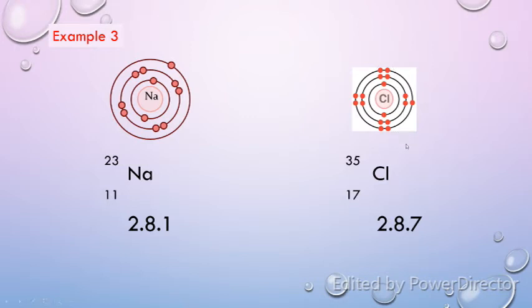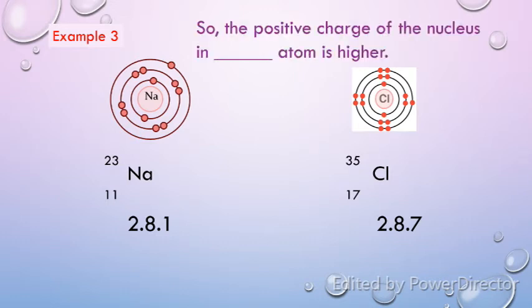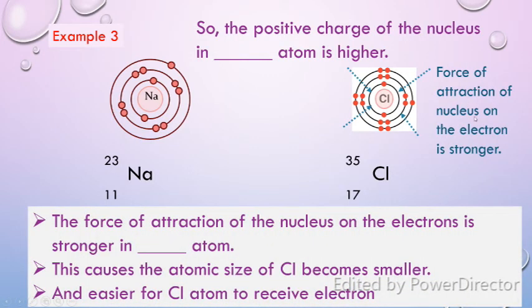But how would you explain in the exam? It is just the same explanation as we discussed just now. The positive charge of the nucleus in chlorine atom is higher because the proton number is higher. So the force of attraction of the nucleus on the electron is stronger.